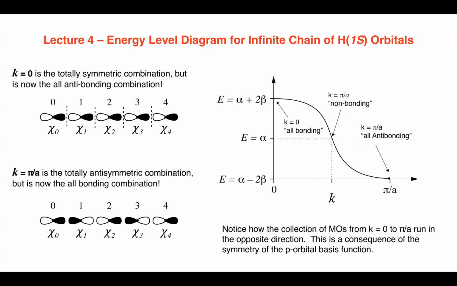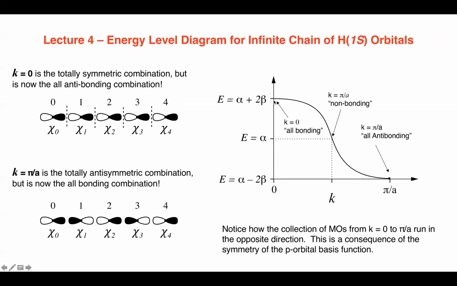And as you go from 0 toward pi over a through all those different values of k, the energy of those wave functions drops off. Right at E equals alpha, you're going to pass through a non-bonding molecular orbital until you get to the all bonding case on the right. So actually, here's another typo. K equals 0 should be all antibonding in this case, and K equals pi over a should be all bonding.